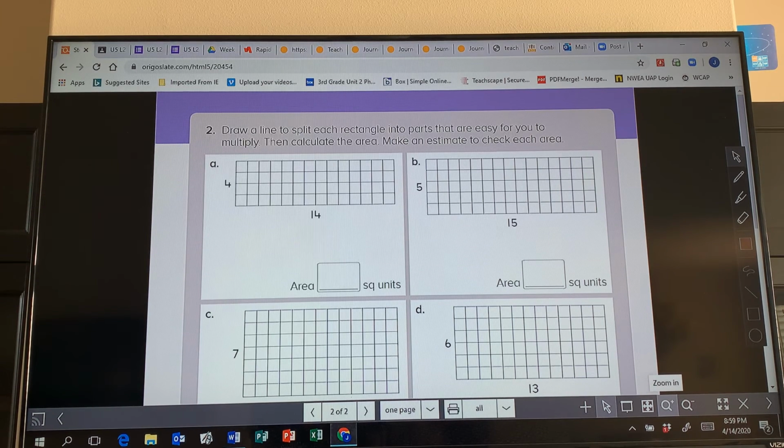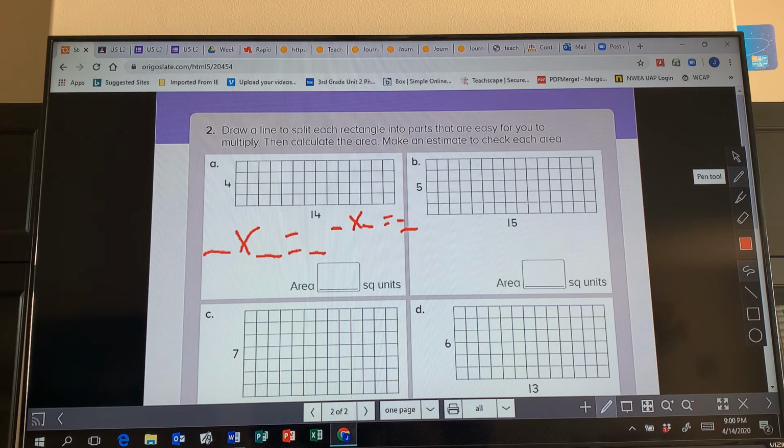And that way you can make it easier. You can write your partial products right here, okay? Let me get my pen mode again. Write your partial products right here, okay? And then your other partial product, okay?